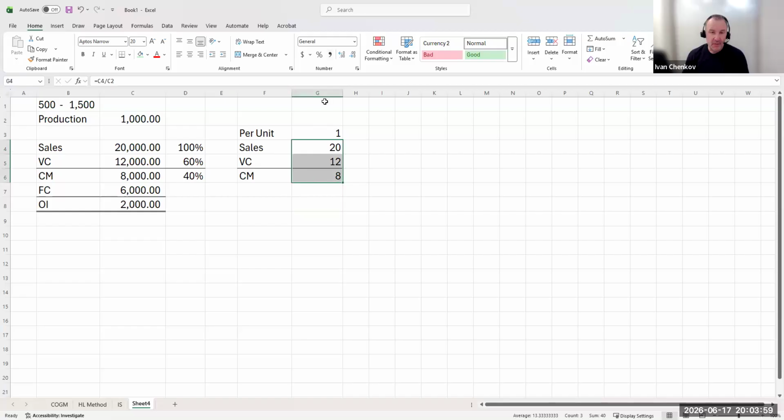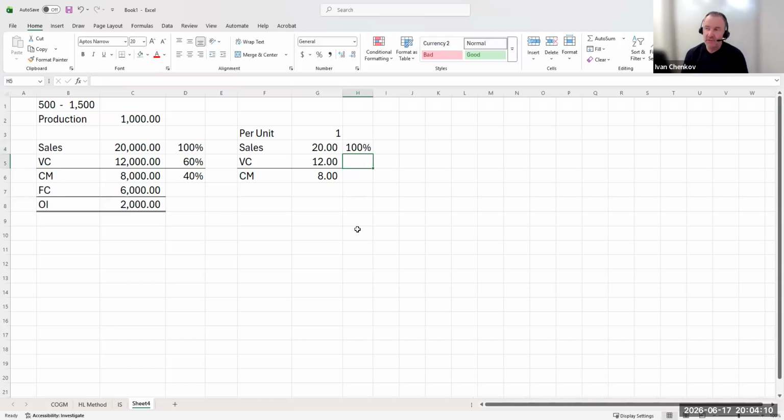If you want, what we can do here now is we can calculate another percentage. See how much is the sales price divided by sales price per unit. That will be 100%. Again, sales divided by sales is 1 or 100%. How much is now the variable cost as a percentage of sales? Magically, we're going to get the same result that we get in the first place when we're selling 1,000 units.